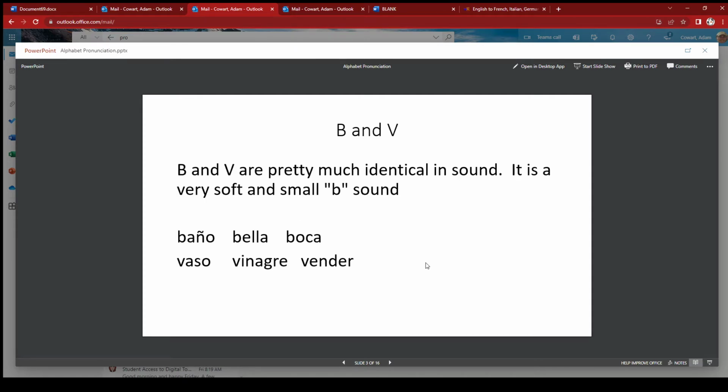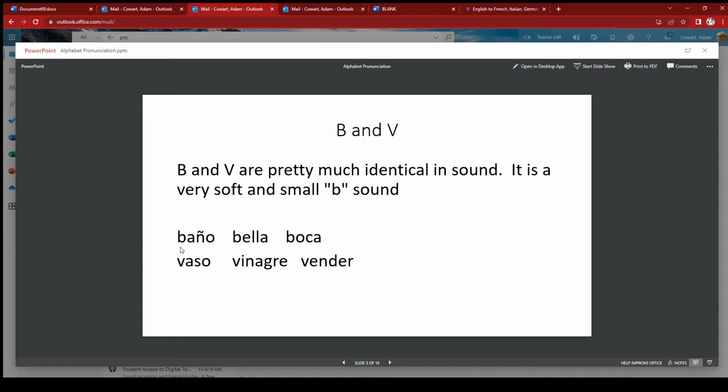Okay? All right. So in Spanish, B and V are pretty much identical in sound. It's a very soft and small B sound. Now, there are some countries that do have a V, like vaso, but it's definitely more common to say all of these like a B. Okay?